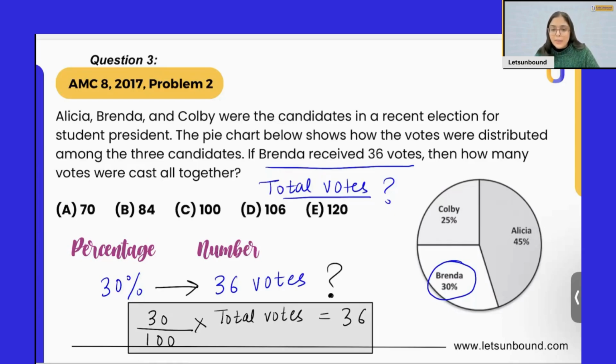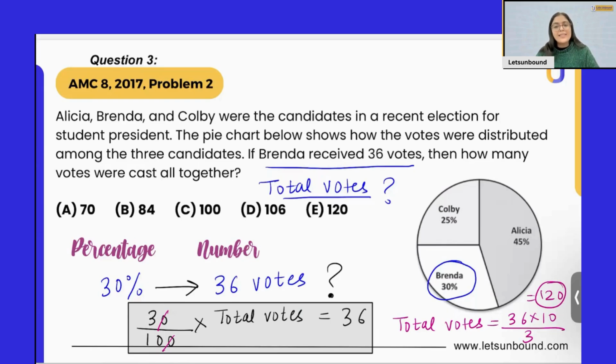So let's just do the mathematics. If you do some normal calculation and calculate the votes, you are going to get 36 times 10 over 3, which is nothing but 120, isn't it? So I got my total votes as 120, right?